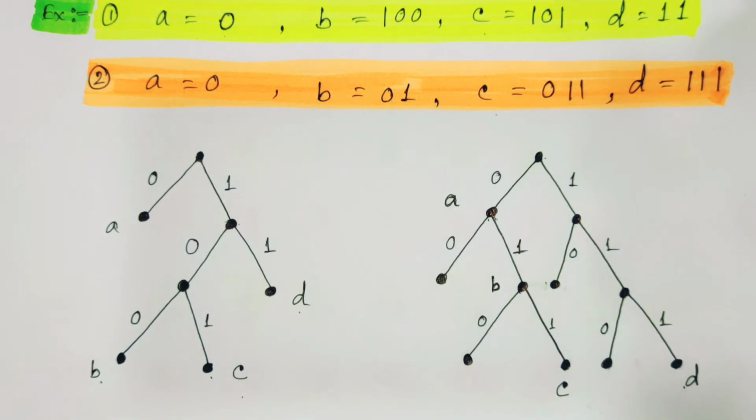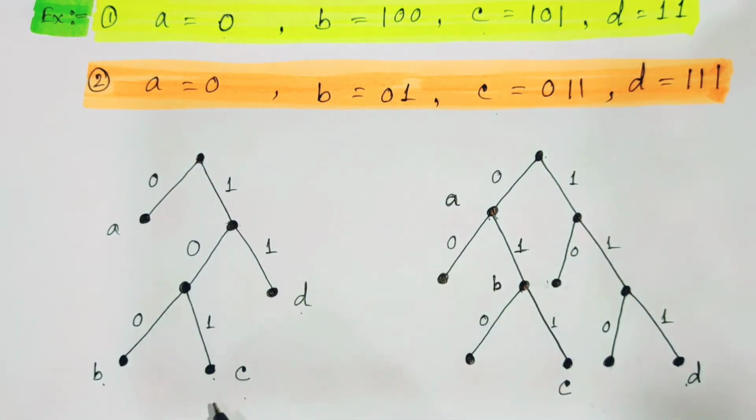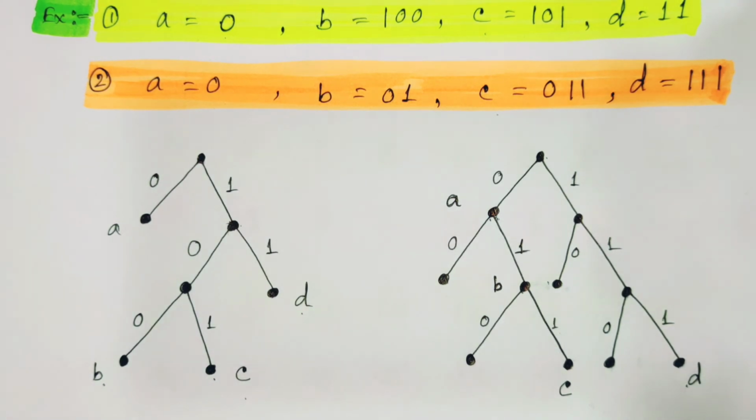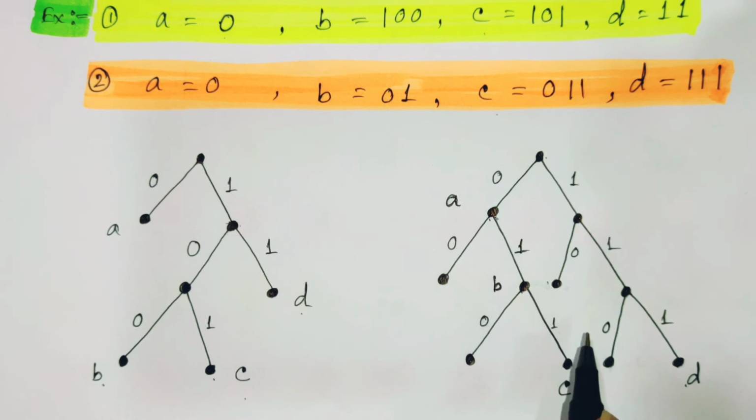So from the given prefix code, if you find a binary tree where only the external nodes represent the variables, then only we can say the given set of data is representing the prefix code. Otherwise it is not a prefix code. That means the first one is an example of prefix code, but the second one is not an example of prefix code.